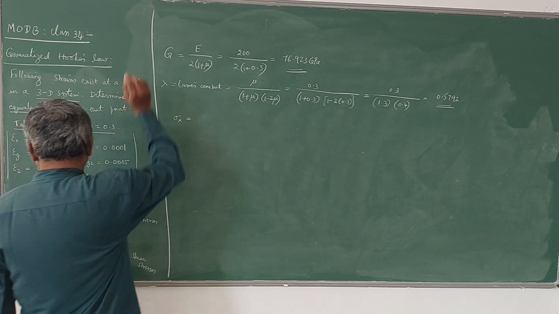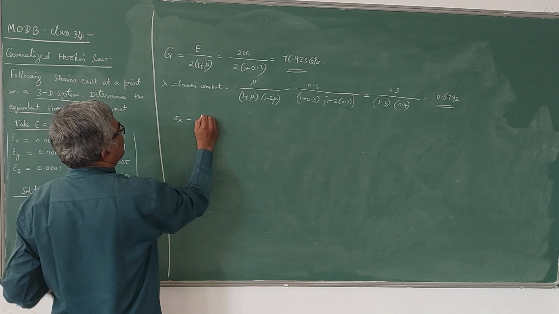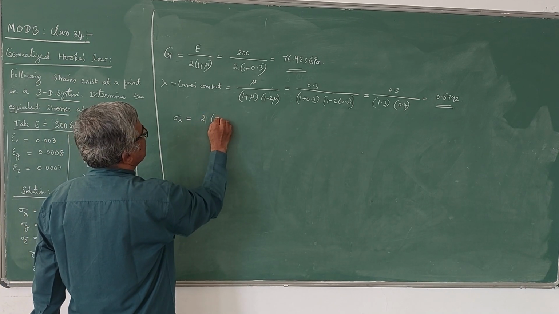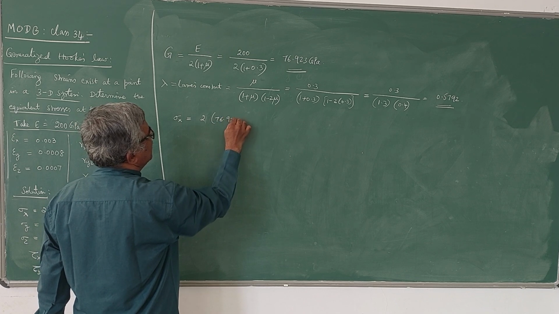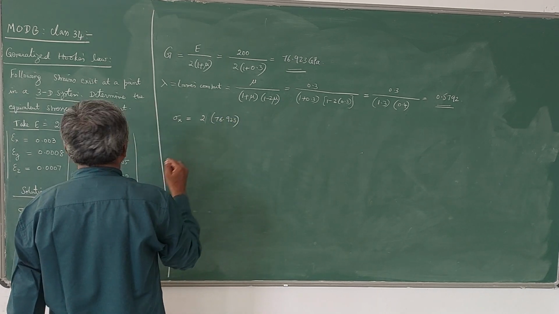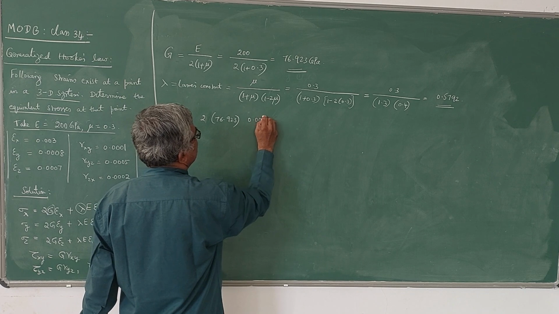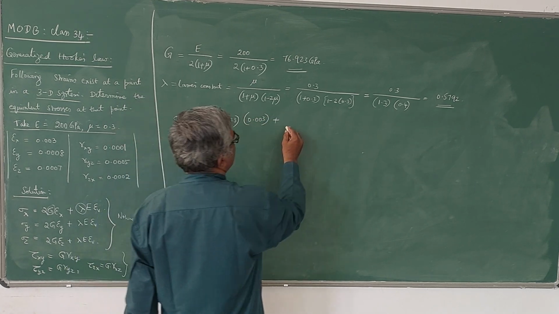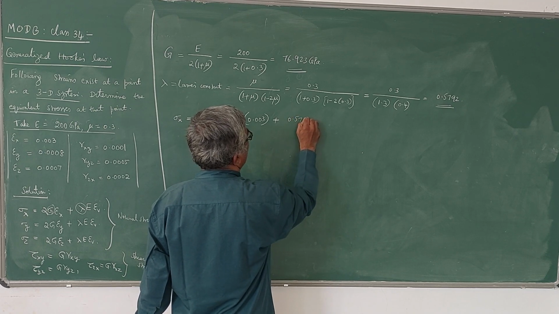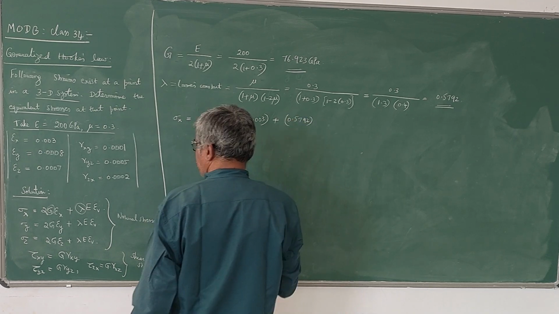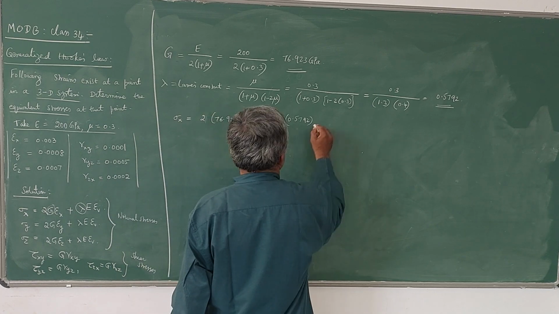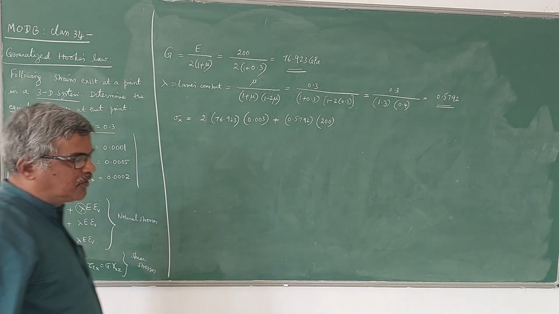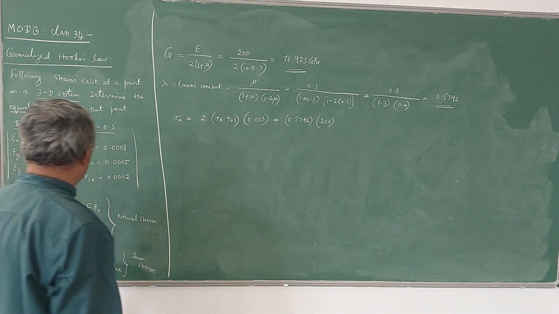Sigma x is 2G epsilon x, that is 2 into 76.923 into epsilon x, which he has given as 0.003. Substitute that value, plus lambda is 0.5769, into E value 200 GPa. Let us keep all the values in GPa only, into epsilon v.